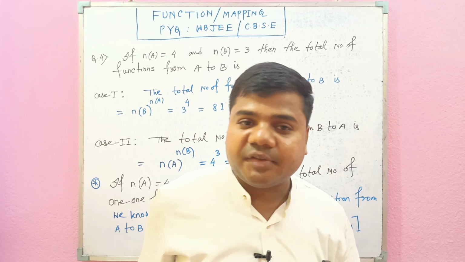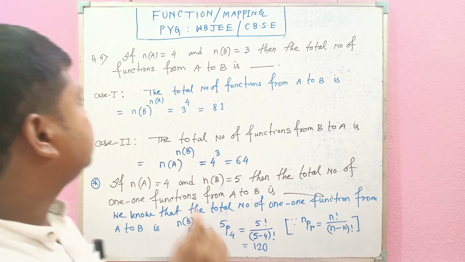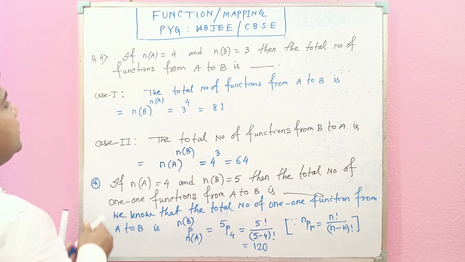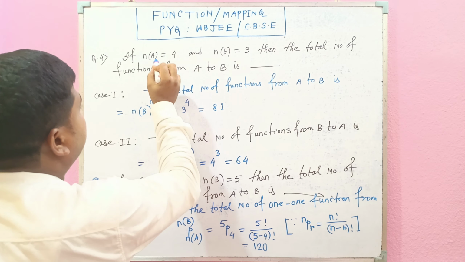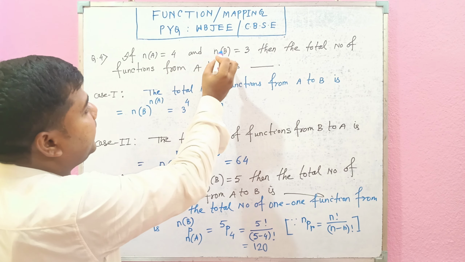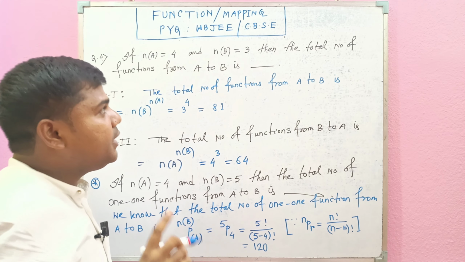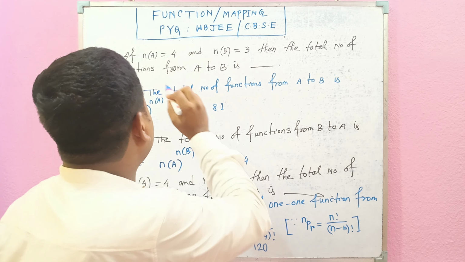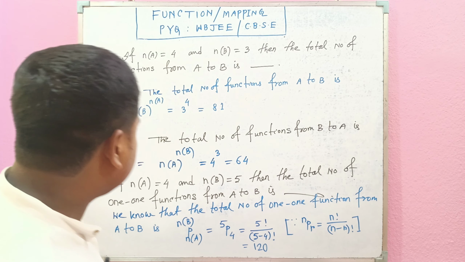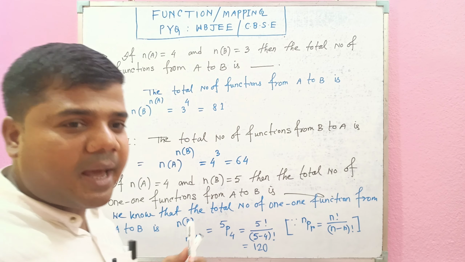Now we will discuss an important question. Okay, follow this. If n of A, that is the cardinal number of the set A, is 4 and n of B is equal to 3, then find the total number of functions from A to B. Here two cases may arise.